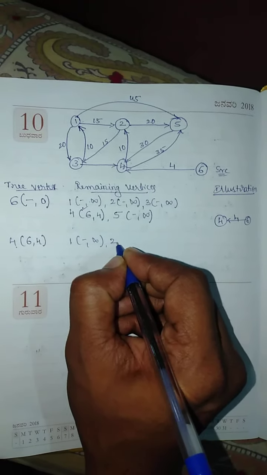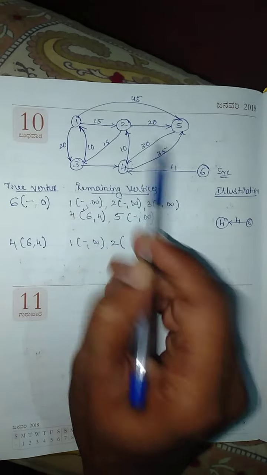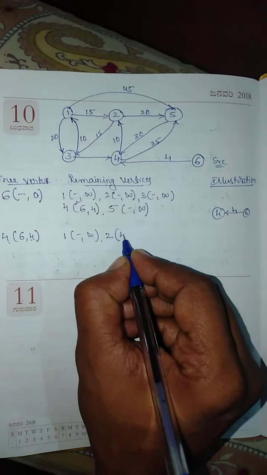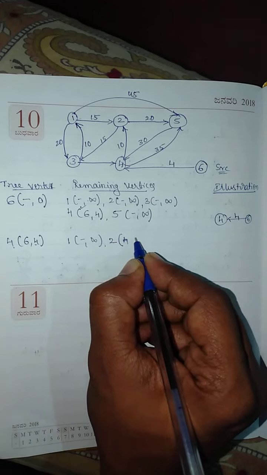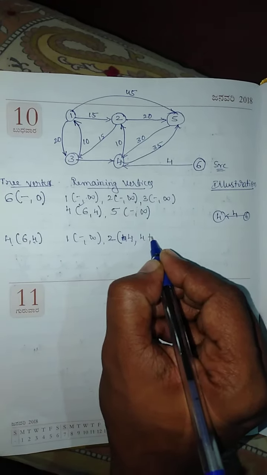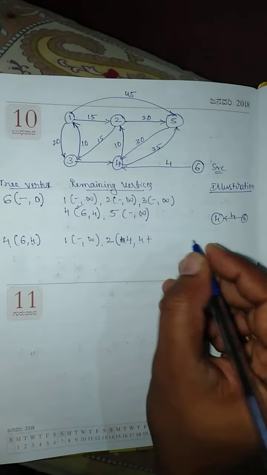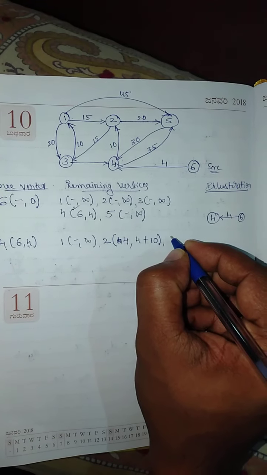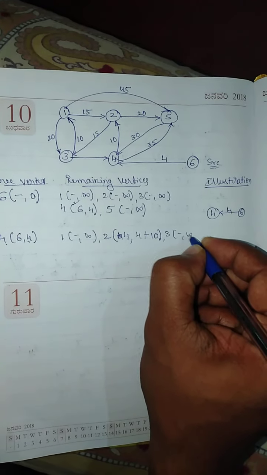Then for 2, it is reachable from node 4 with a cost of 4 plus the cost from 4 to 2, that is 4 plus 10. Next 3 as it is.